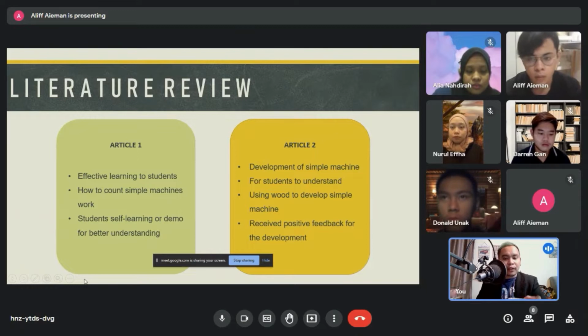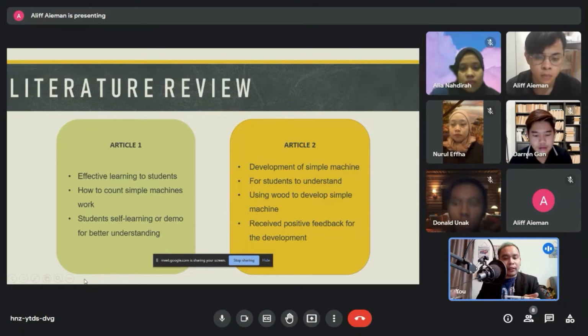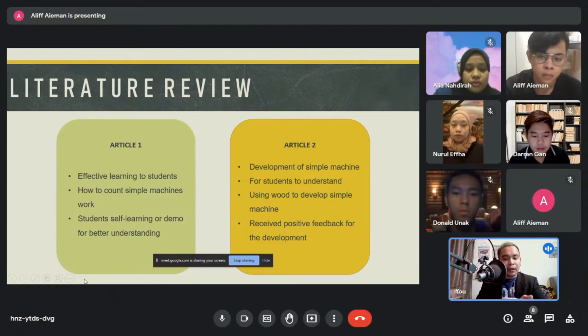So the second article is related to the development of simple machine props using environmentally friendly materials for secondary school. So the author studies the level of validity, practicality, and effectiveness of props made into simple machines.